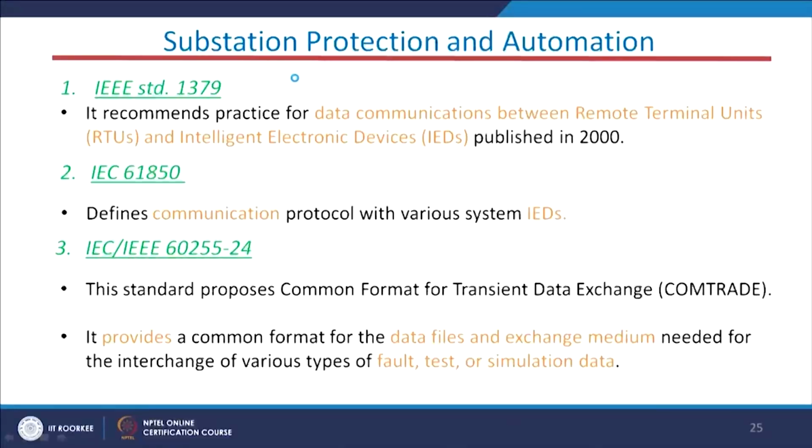And this is the third one, substation protection and automation, and here I will just quickly tell that three standard modules are used. The first one is IEEE standard 1379, the second one is IEC 61850, and the third one is IEC 60255-24.